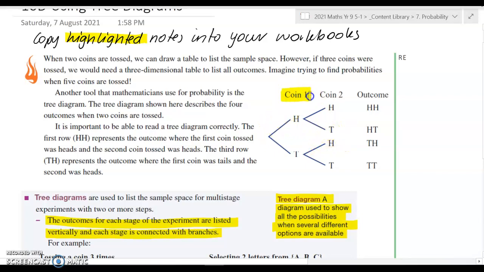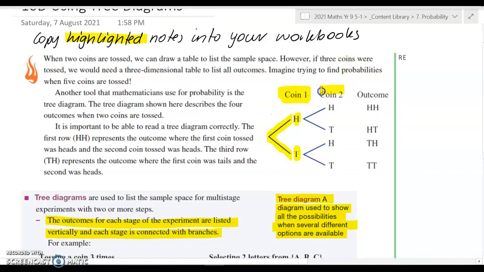Imagine I'm tossing two coins. On the first coin, I can either get a head, that's demonstrated by that branch, or I could get a tail, that's demonstrated by that branch.